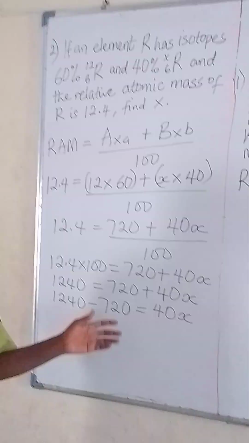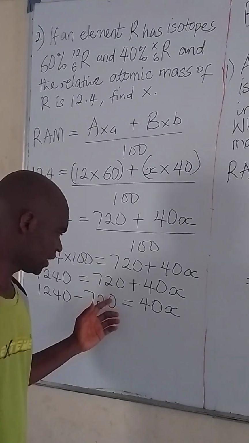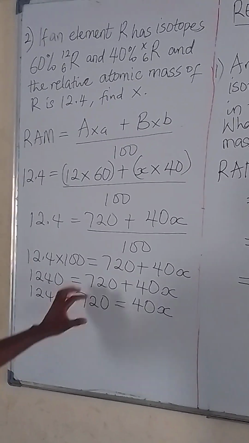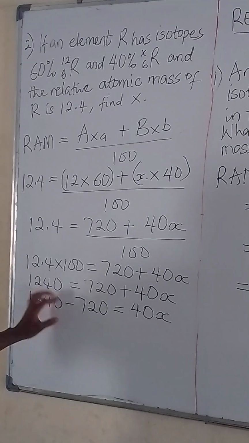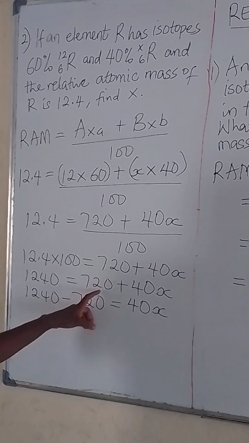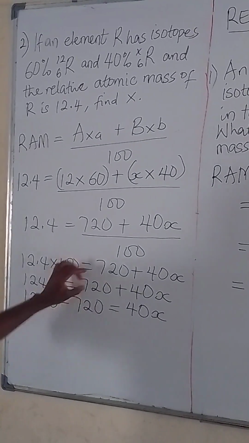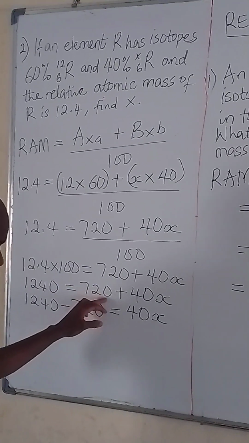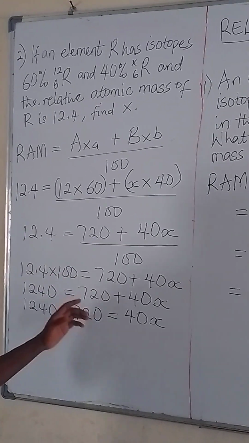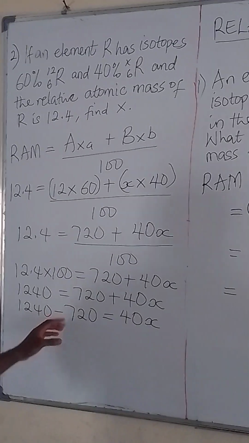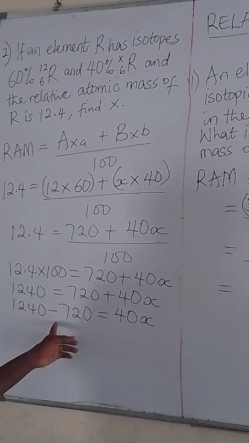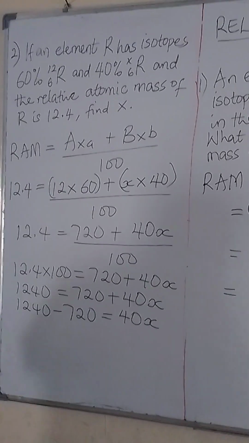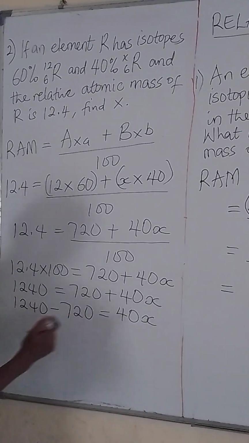Of course, I want to believe you know that when a positive number crosses over, it becomes a negative. That's why here we had positive 720, and crossing it over gives us a negative 720. You do the substitution.